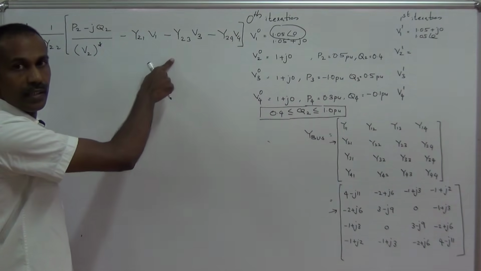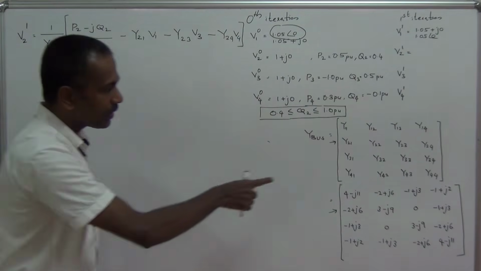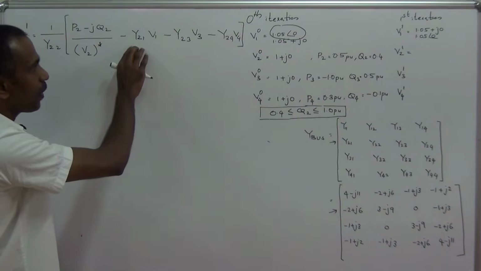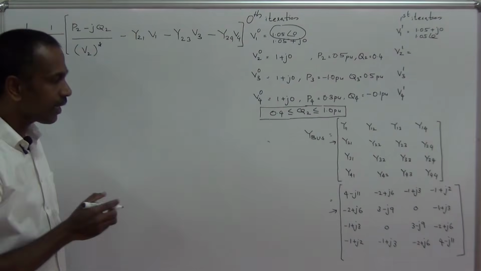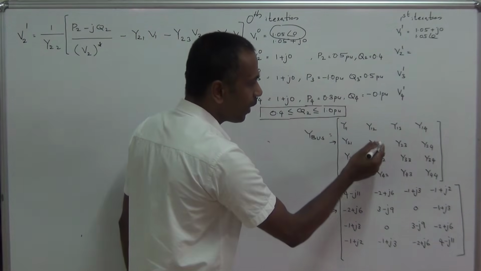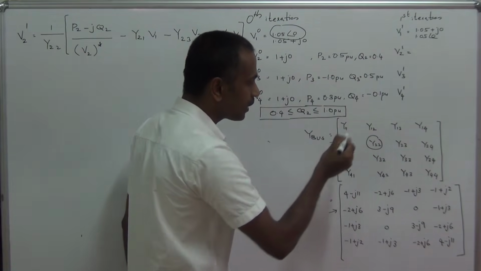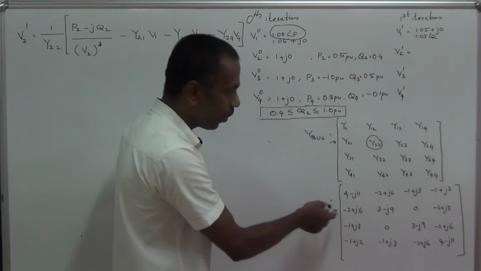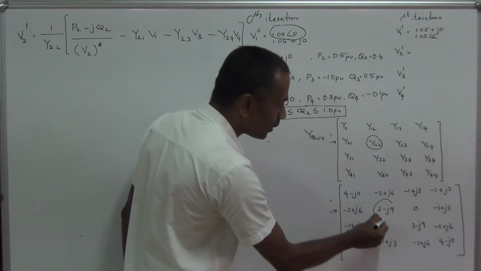Here we do not consider the diagonal element Y22. We write all the terms except the diagonal element: Y21 V1, Y23 V3 and Y24 V4. We consider all the elements in this second row except the diagonal element.